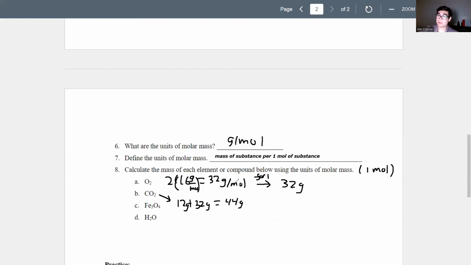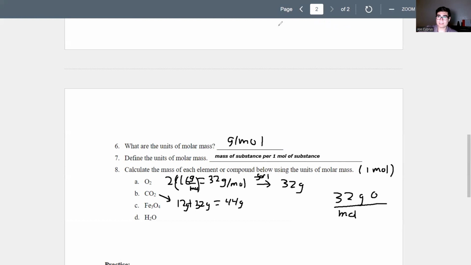You can multiply this by 1 mole, and the units will cancel out. Just to show you, this is grams of O2. This is for the first one, just in case anyone wants to see it. So this cancels out, and we're left with 32 grams of O2.